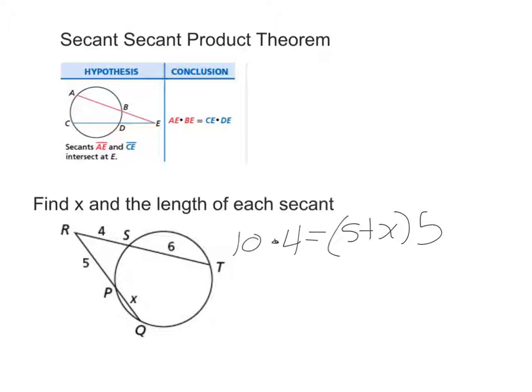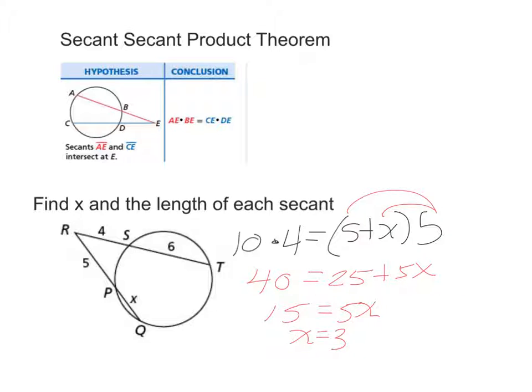And so that's going to be distributive property right there. So I solve this algebraically. 40 equals 5 times 5 is 25, plus 5 times X is 5X. Solve this equation. We get 15 equals 5X, and X equals 3.